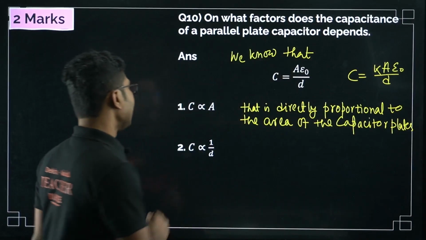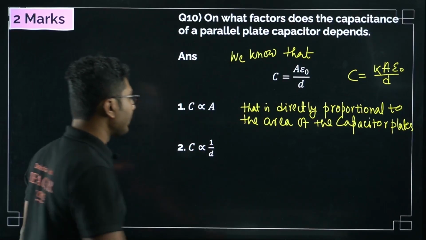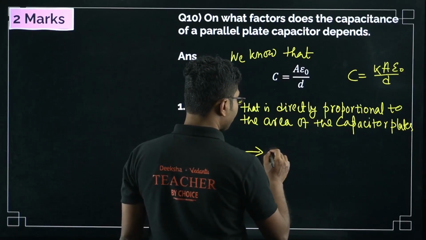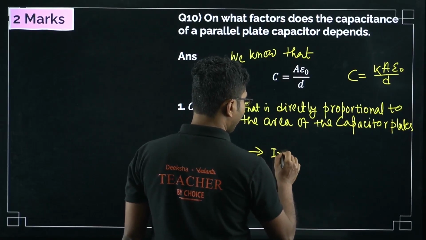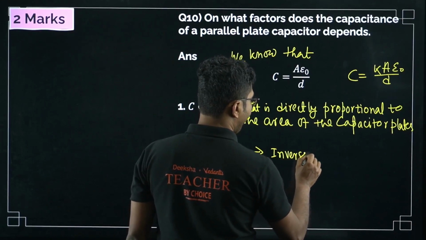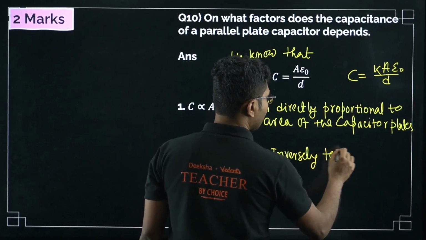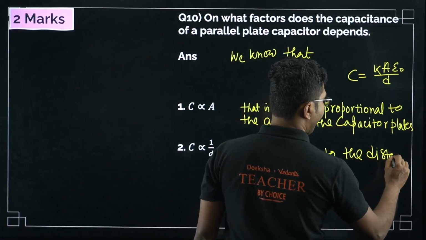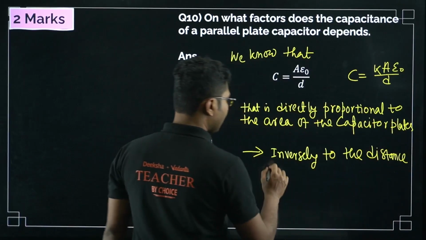Similarly, C is inversely proportional to D, that is, it is inversely proportional to the distance between the plates.